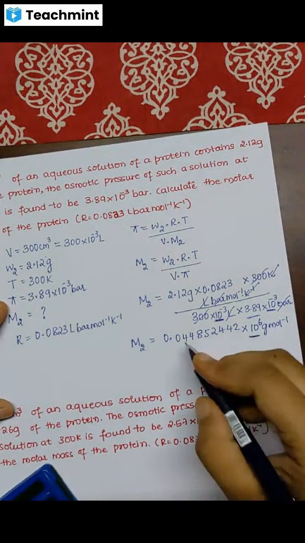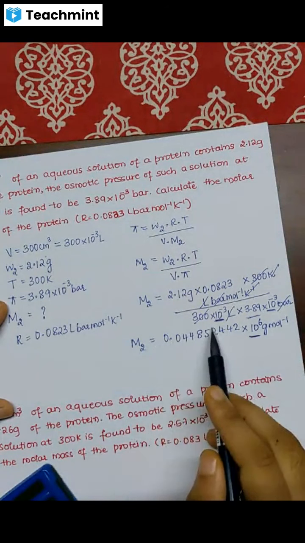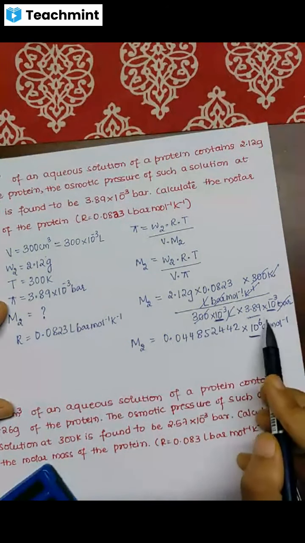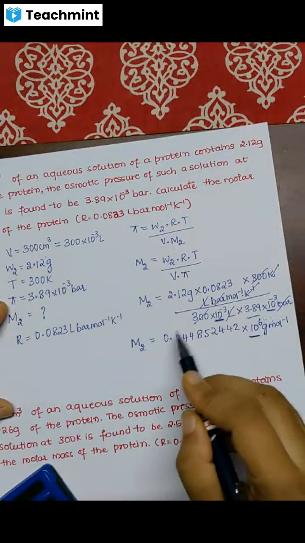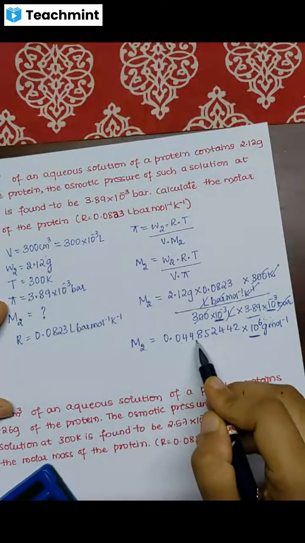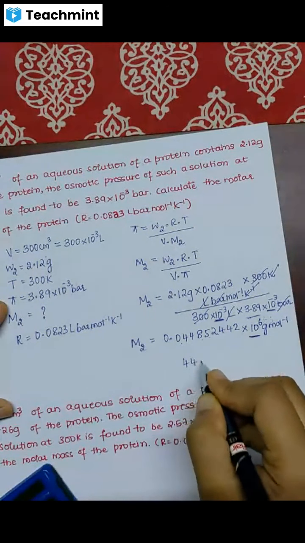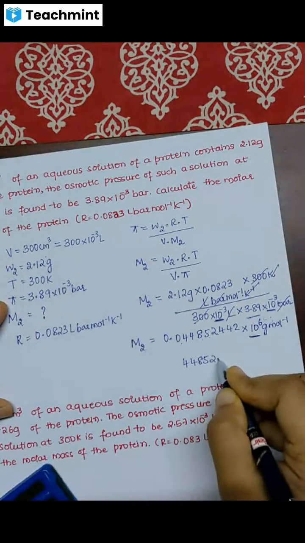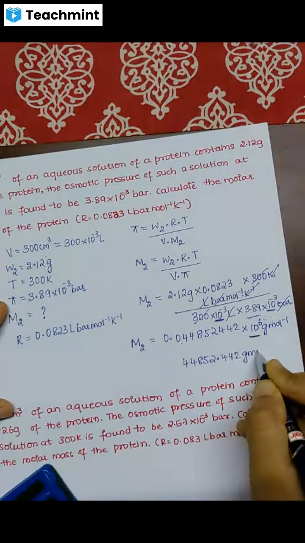To remove it, you shift the point towards right side. To remove this 6, you should shift it by 6 digits. So when we shift it 1, 2, 3, 4, 5, 6, we get the answer as 44852.442 gram per mole.